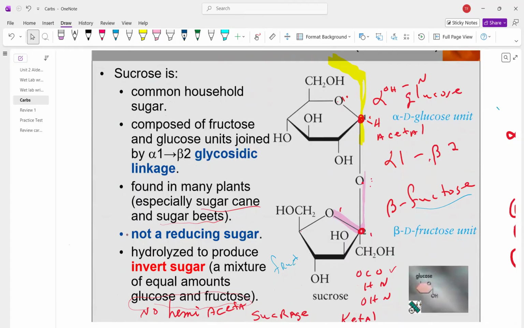And that's because sucrose is being attached at both the anomeric carbons. All the other disaccharides attach at one anomeric carbon and another carbon somewhere. Sucrose is different in that regard.